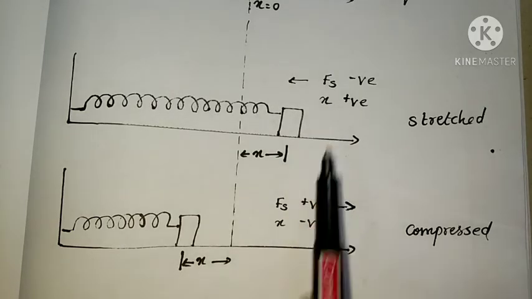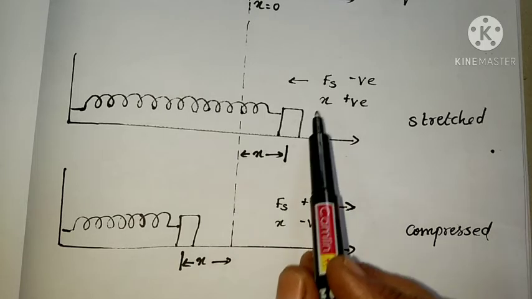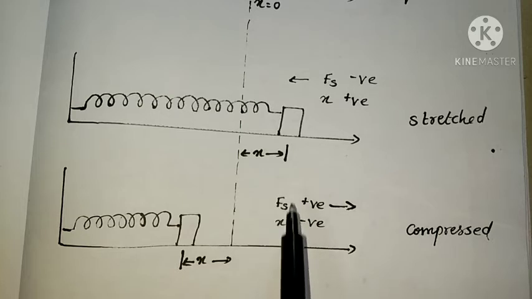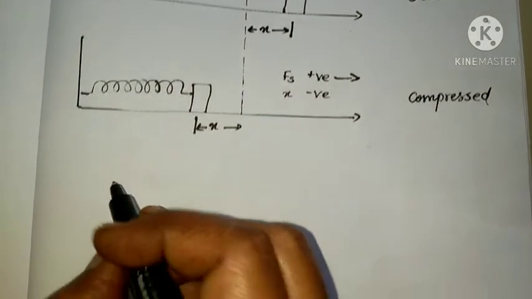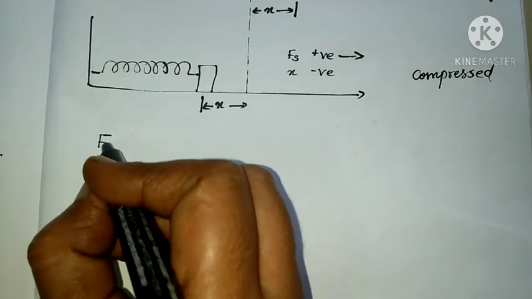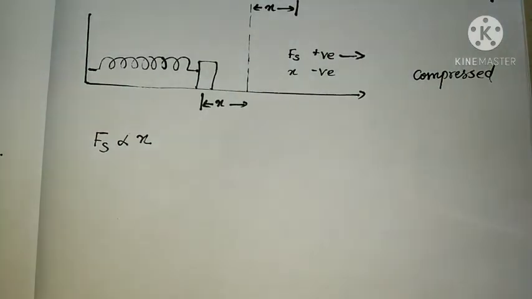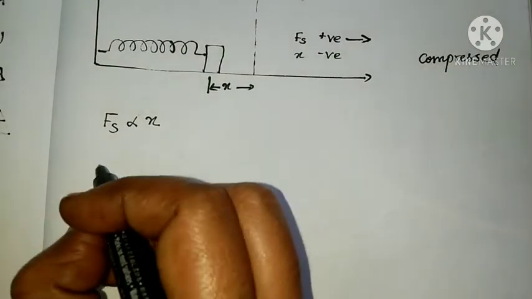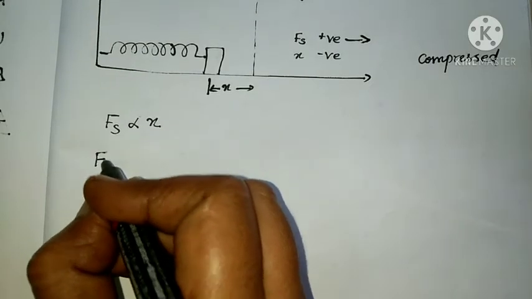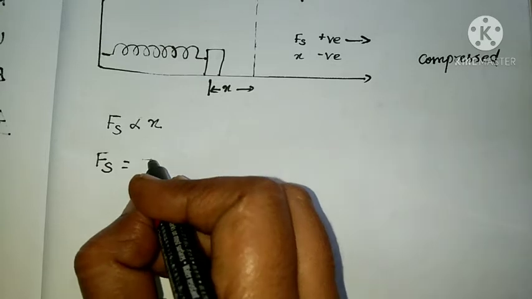So Fs is proportional to the displacement of the block from the equilibrium position. We can change this proportionality sign, so we can write Fs equal to minus Kx.